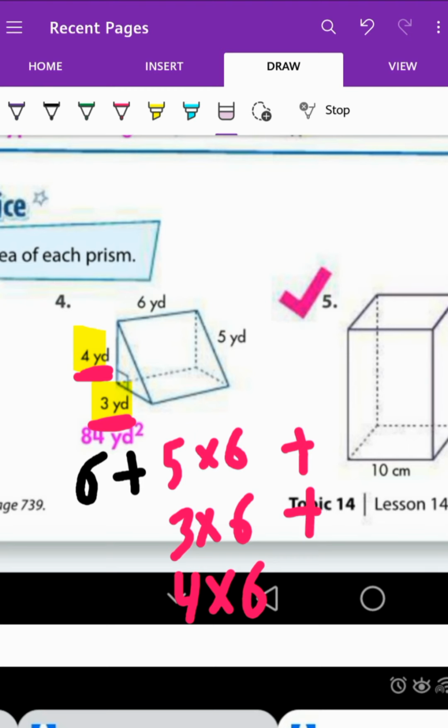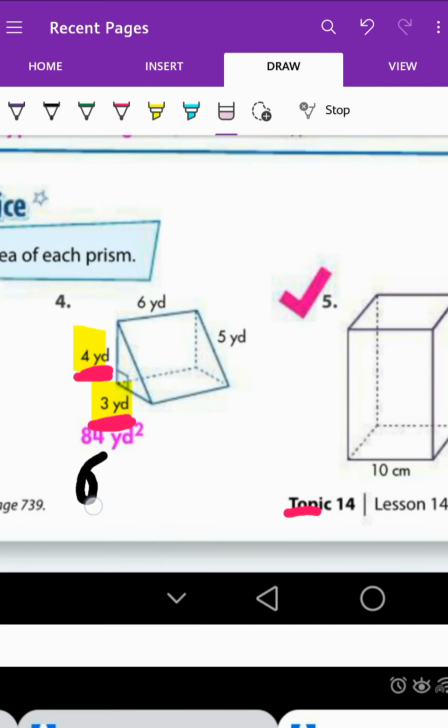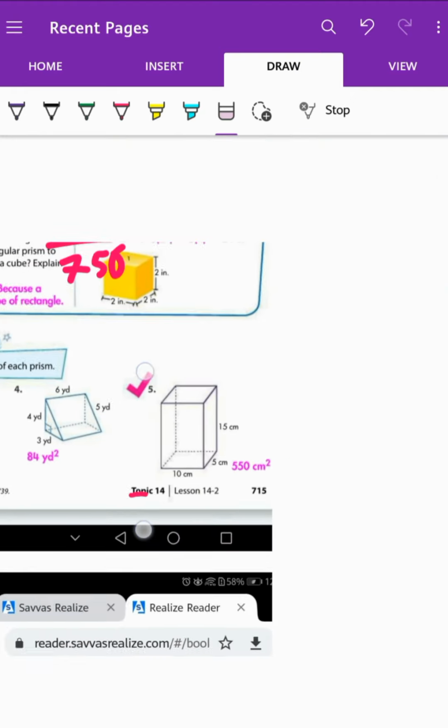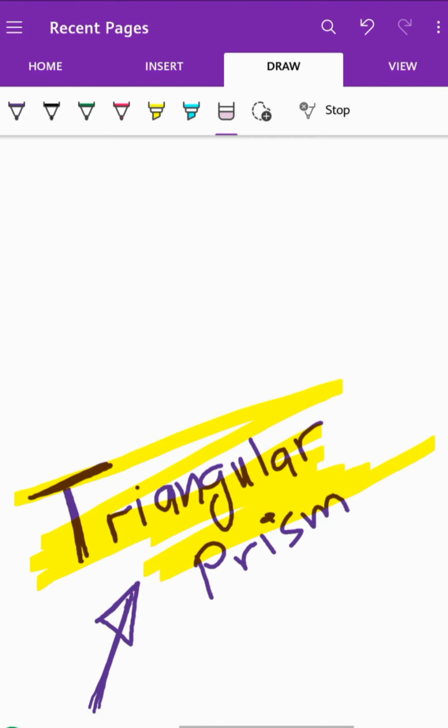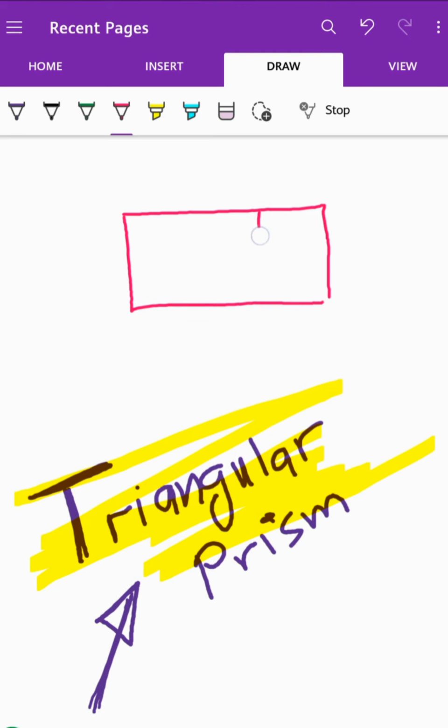Okay, again, and let me repeat for you, my dear students. First of all, I find the area of the two triangles. Let me teach you something. Any triangular prism consists of 3 rectangles and 2 triangles.